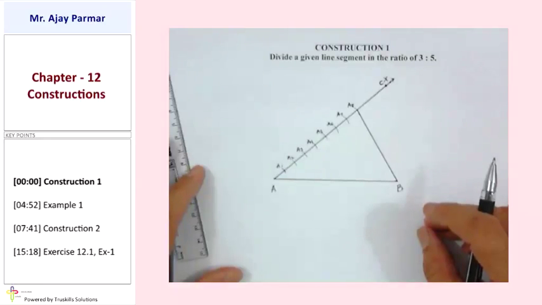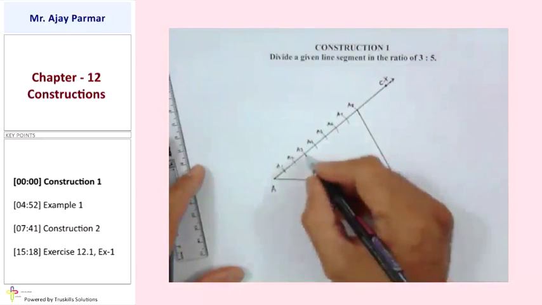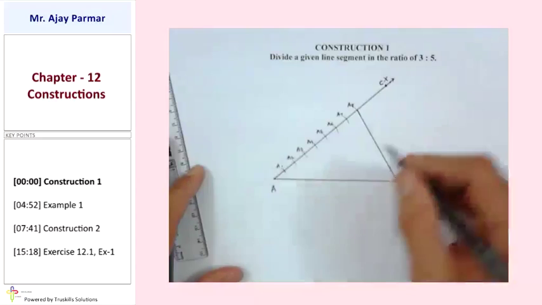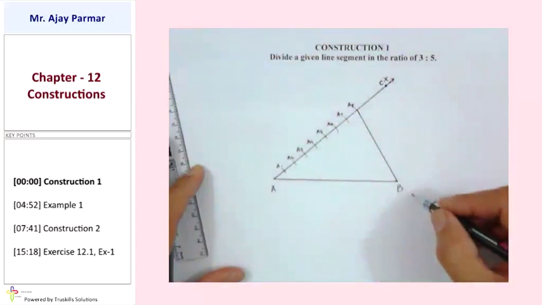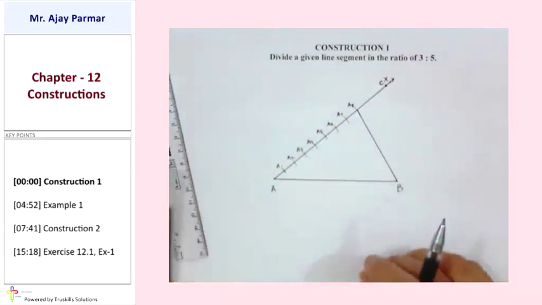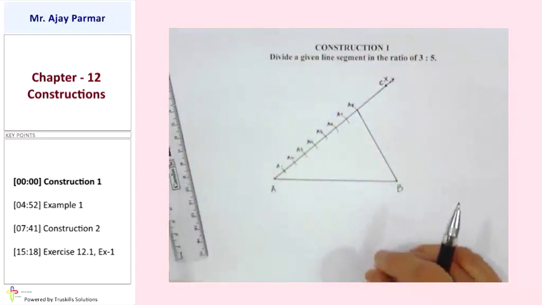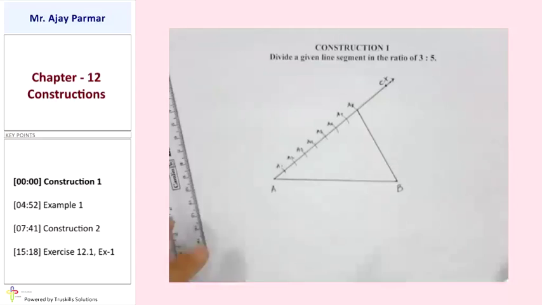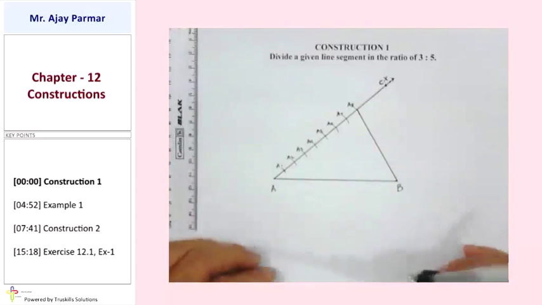Now because I am supposed to divide this into the ratio of 3:5, I am supposed to draw a line segment passing through A3 such that it is parallel to line segment A8B. For that, what we require is the construction of congruent angles that we have studied in the lower standard.